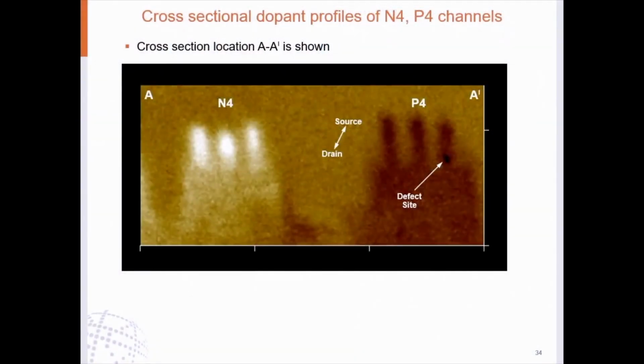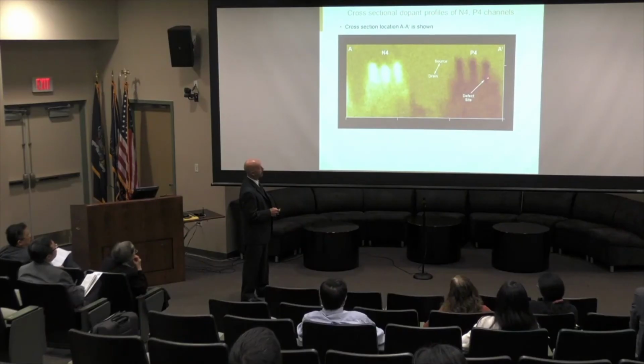The way that we got there was a long iterative process. Basically, polish off maybe a layer or two of atoms, and then go back in the AFM and do topography and dopant profiling, then come back, another couple layers of atoms, back and forth, back and forth. This went on for 3 weeks until we got to the area of interest. And lo and behold, we found a defect site.